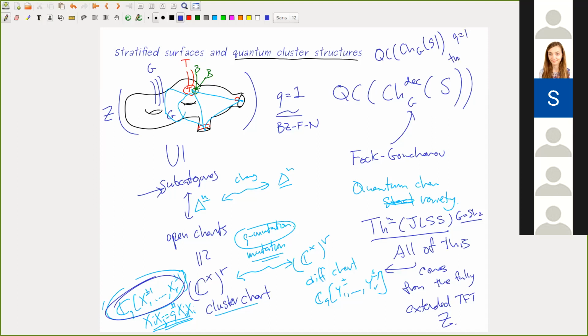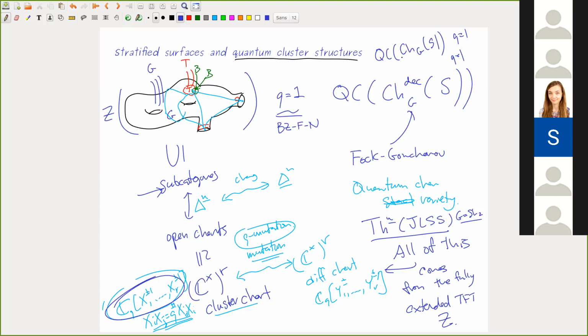When we turn on Q, so if Q is not equal to 1, then we get a quantization of this character stack. And it's precisely quantization of that Poisson bracket that you named. So it's the Goldman bracket on the character variety. It's also known as the Fock-Rossley bracket on the framed character variety, or it has various names in different contexts, but that's the one that it quantizes.